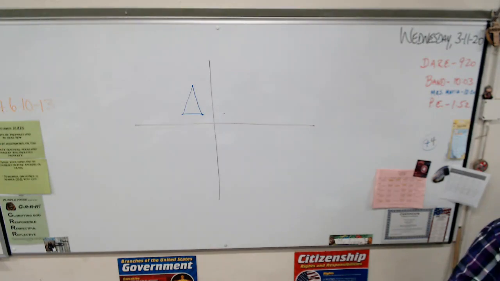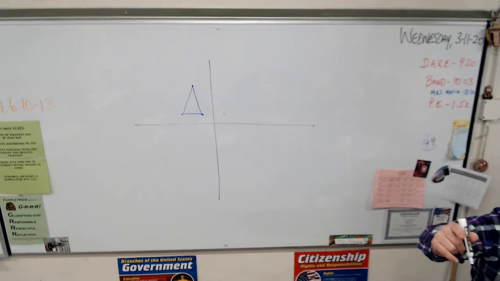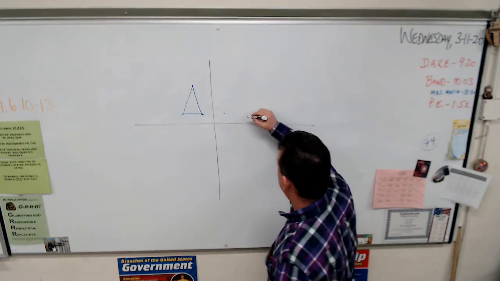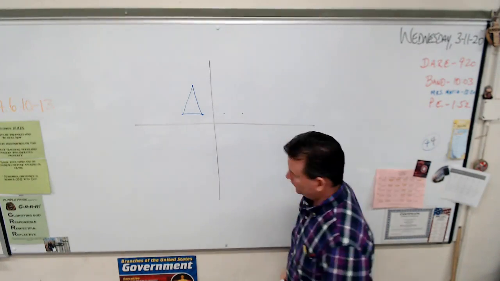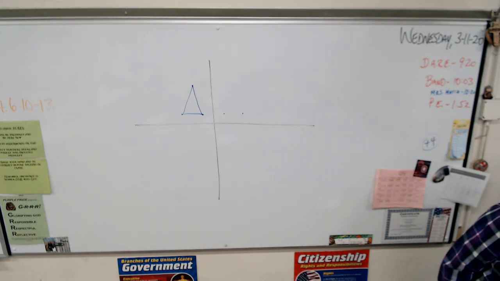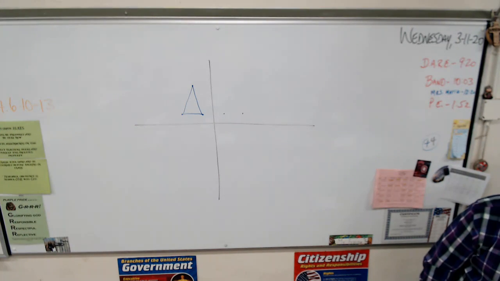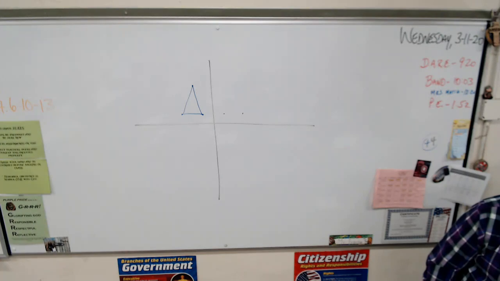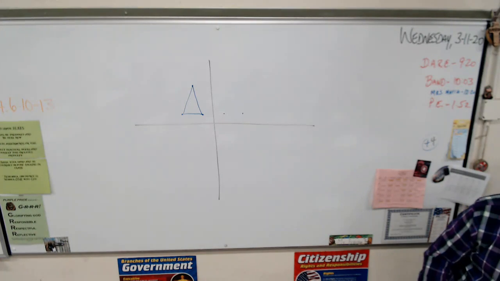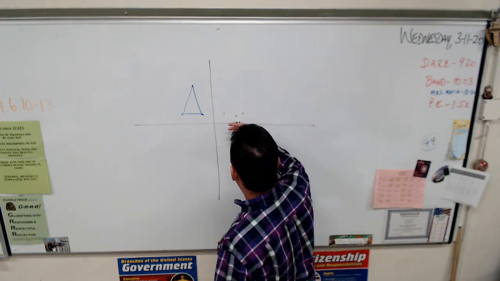Then it's going to be not -3, 1, but 3, 1. Then it's going to be not -2, 5, but 2, 5. I know that.